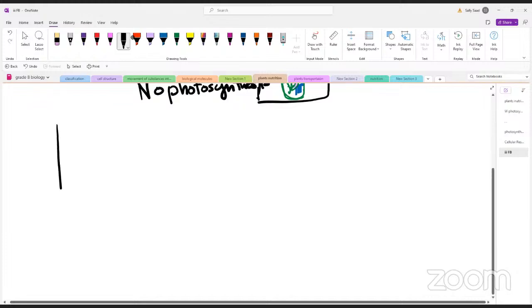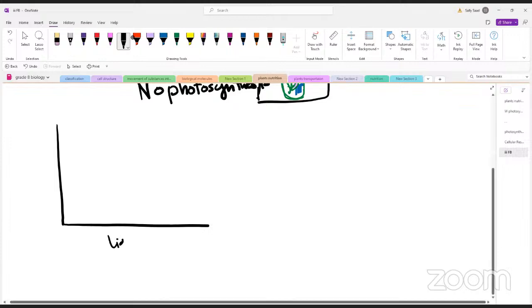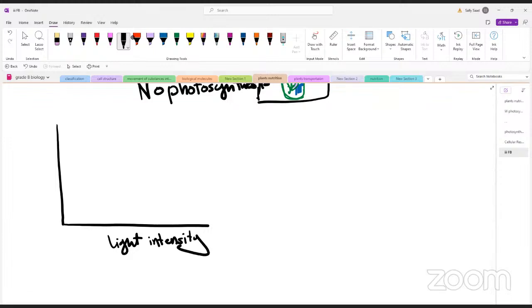If I plot a graph here, here I will write light intensity, and here I write rate of photosynthesis.